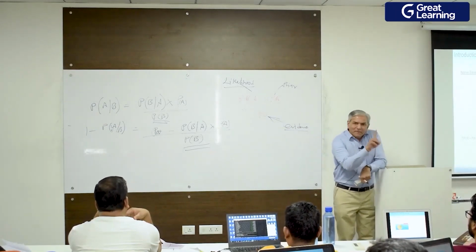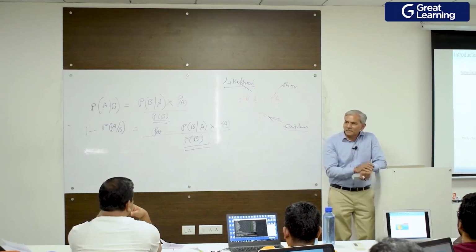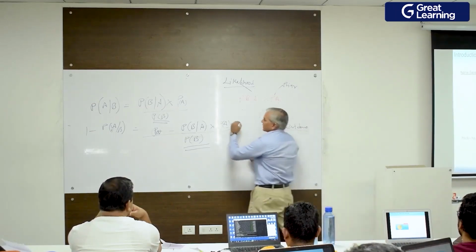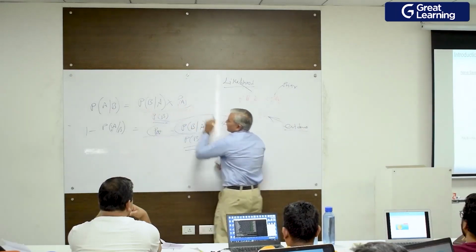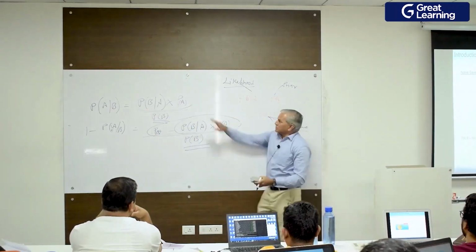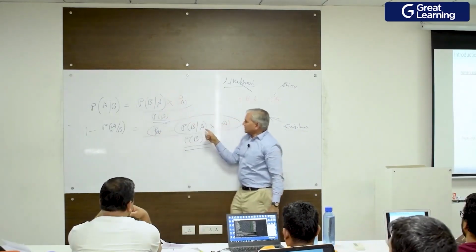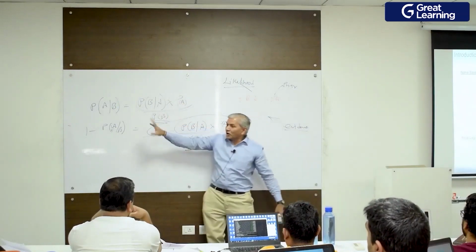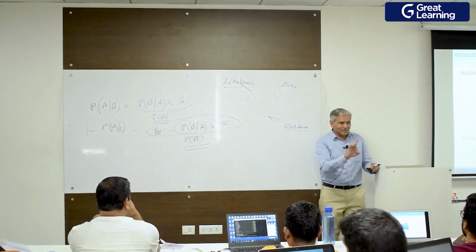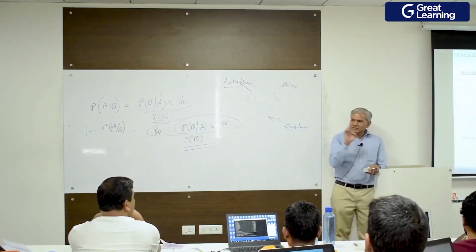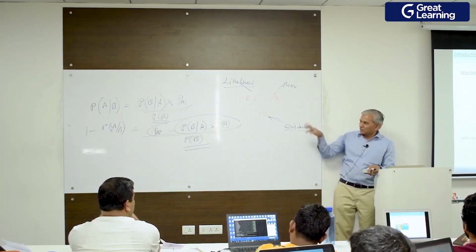So it is not PB which is going to decide whether this is going to be class A or class B. What decides it is the numerator. If this crosses 0.5, it belongs to class A. If the other crosses 0.5, it belongs to not class A. So what decides your class is the numerator, not the denominator. Denominator is the same in both.